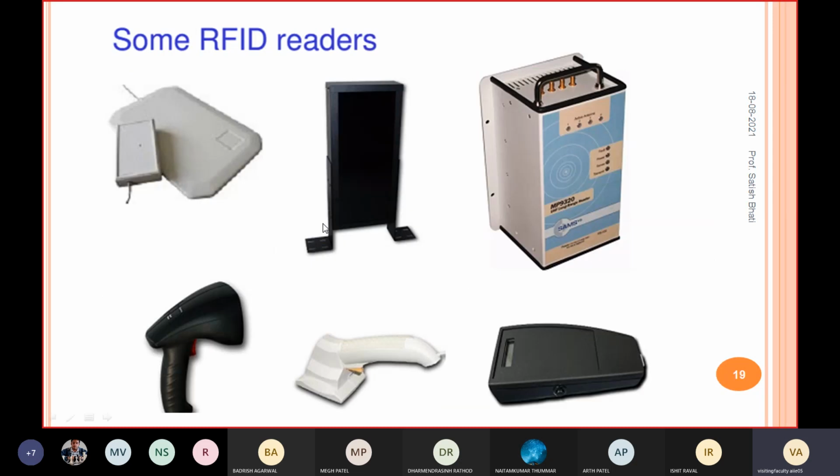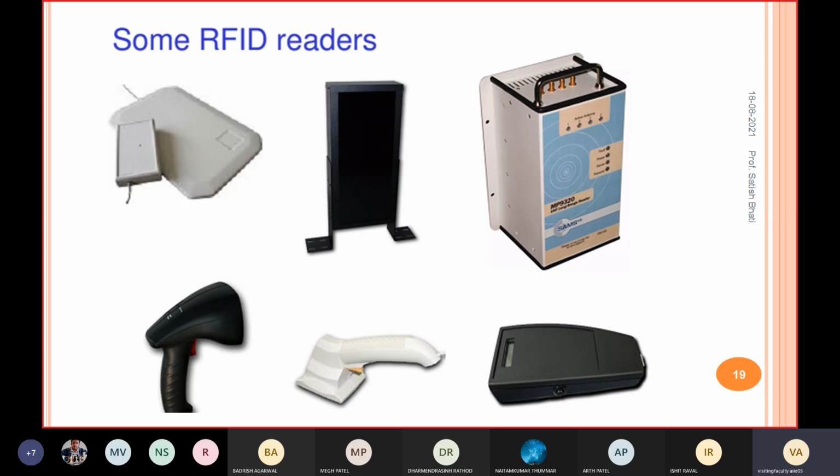Here in the picture on the slide, you can find some RFID readers. It is also kind of like a barcode reader. It looks like a gun, or it is kind of like a box.